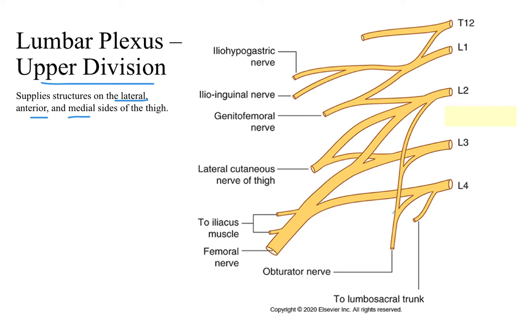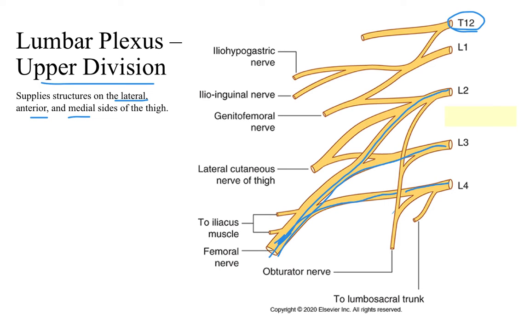So also notice on this that even though we call it the lumbar plexus, there's also contribution from the last thoracic nerve, T12. The two major nerves that we want to be concerned with coming out of the lumbar plexus would be the femoral nerve right here, and notice that the femoral nerve is made of contributions from L2, L3, as well as L4.